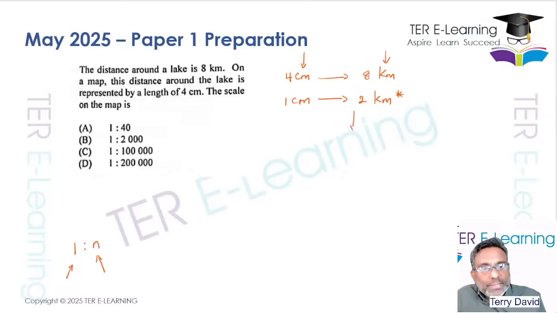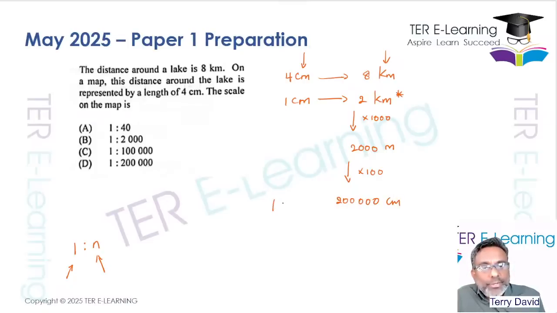How do you do that? 2 kilometers, if you want to convert that to meters first, you multiply by 1,000, so this is going to be 2,000 meters. If you want to convert meters into centimeters, you multiply by 100, so you add 2 more zeros. That's going to be 200,000 cm.